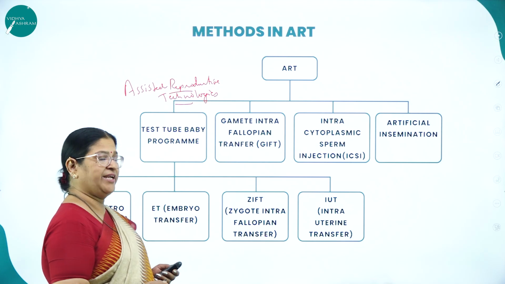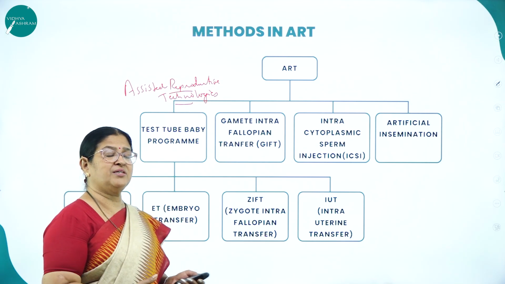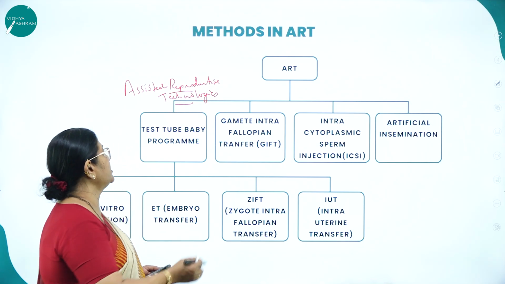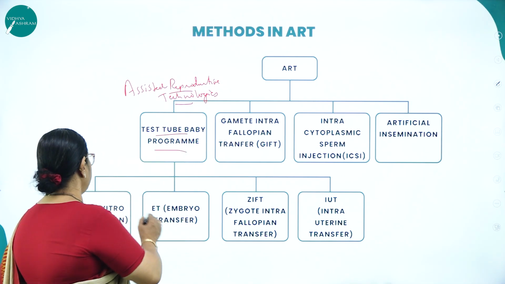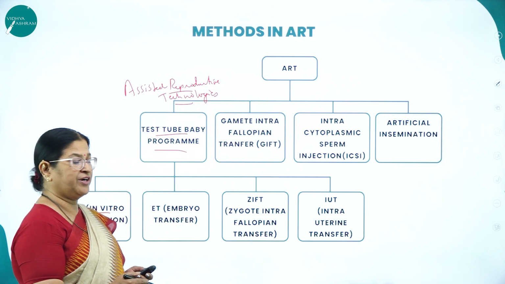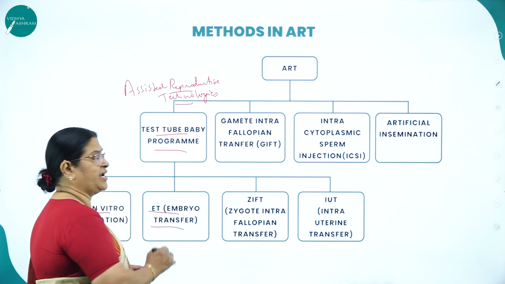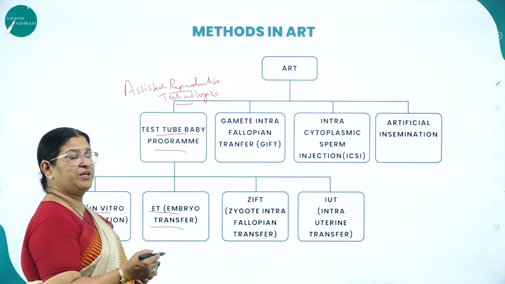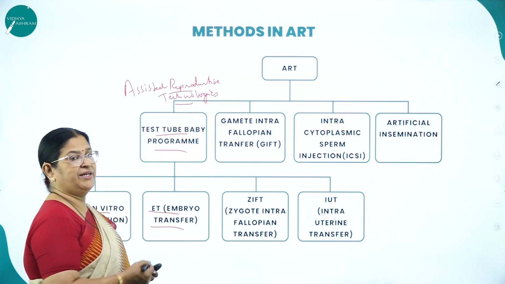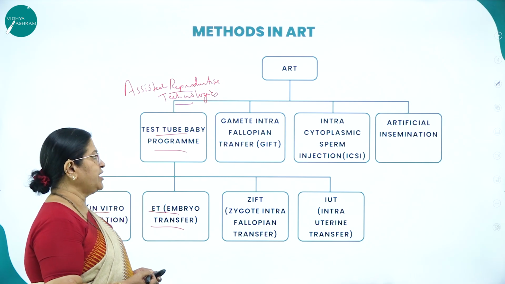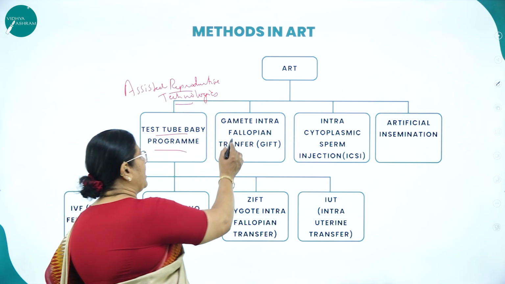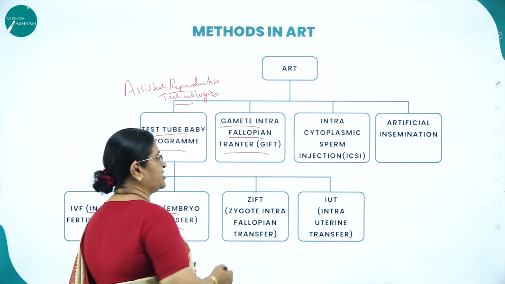Assisted reproductive technology. So what are all the methods that are included under ARTs? Test tube baby program. You might have heard about test tube baby, which includes IVF, that is in vitro fertilization, and ET, that is embryo transfer. So test tube baby is commonly called what method? IVF, in vitro fertilization, and ET is embryo transfer. Then we have gamete intrafallopian transfer, that is GIFT.